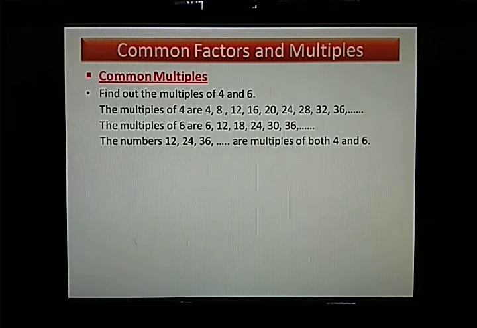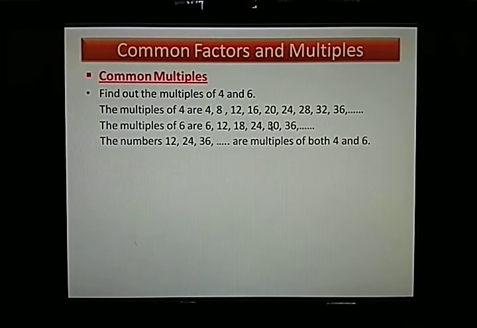So whenever you are given the question, it will be specifically mentioned to find the 5 common multiples of these numbers, or find out the 10 common multiples or 2 common multiples. So it will be mentioned how many common multiples are required to be found, because we all know multiples are infinite.